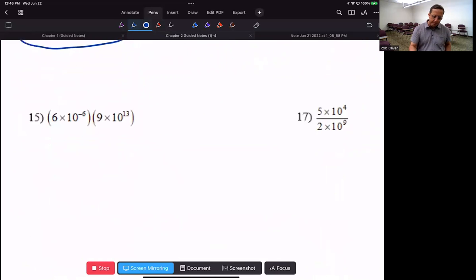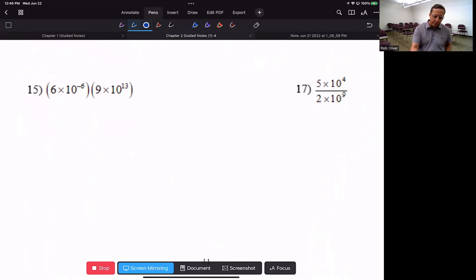For number 15, do the same thing. We're going to do 6 times 9. So that's 54. So the decimal is right there. Times 10 to the, now if we do product rule, -6 and 13 makes 7. And this isn't in scientific notation either.